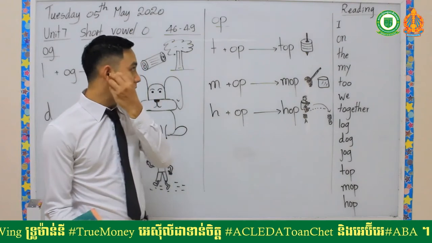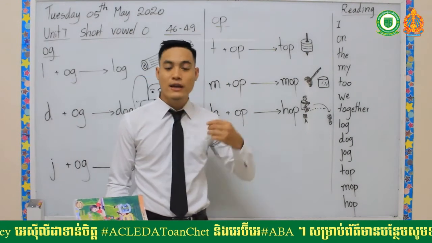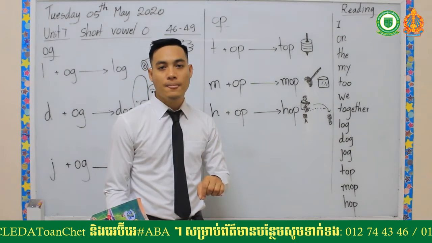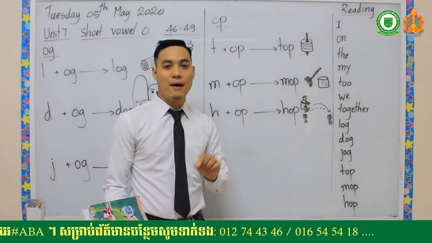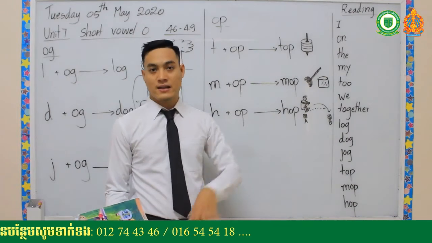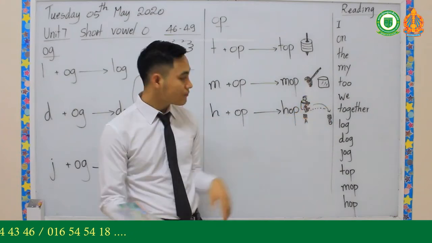And now I will give you some words that you need to practice in your reading, because in the second video of your lesson, we're going to learn about reading words, sentences, and text. So you need to practice the reading right here as well.